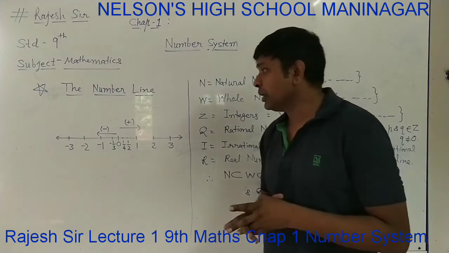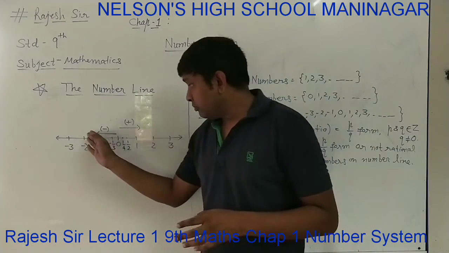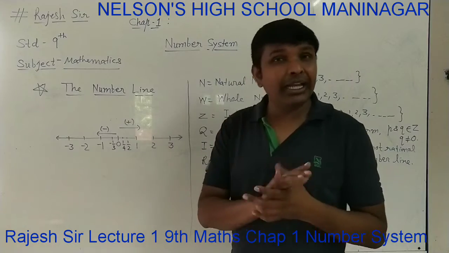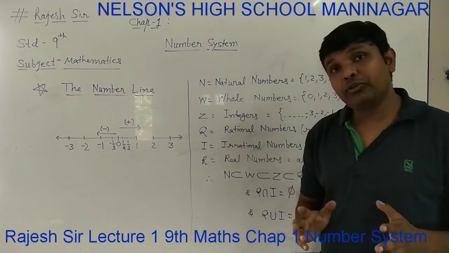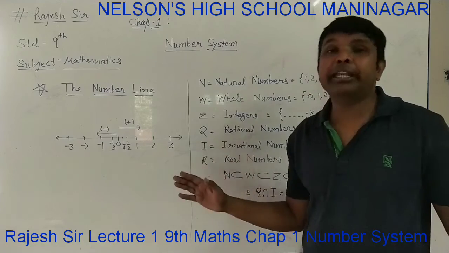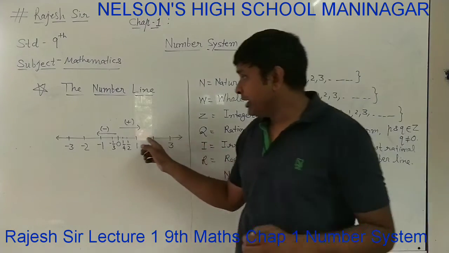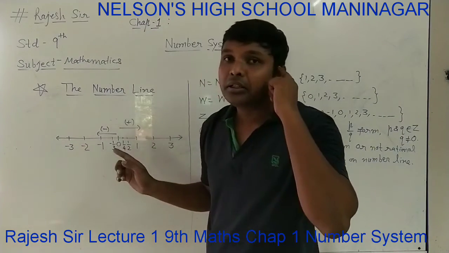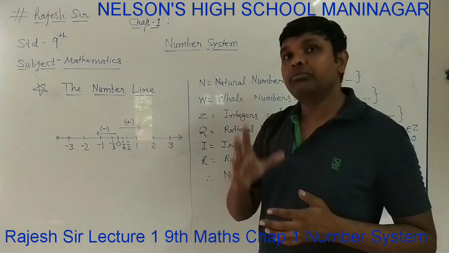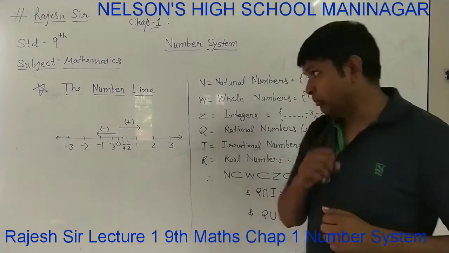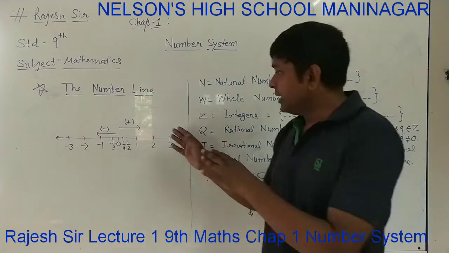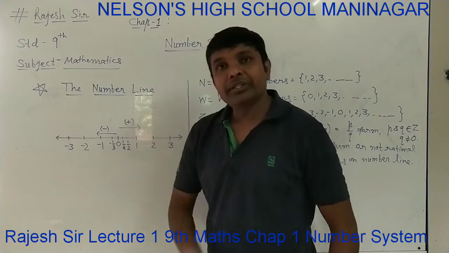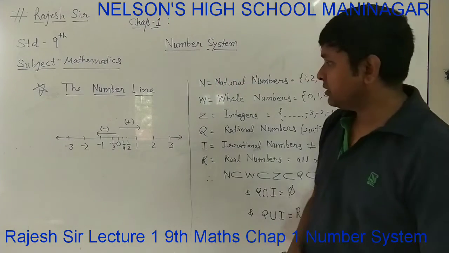So every point of this line, geometrically, is the set of infinitely many points on the number line, and every point will denote some number, some distance from 0 to the right side if it is positive, and some distance to the left side if it is negative, right?